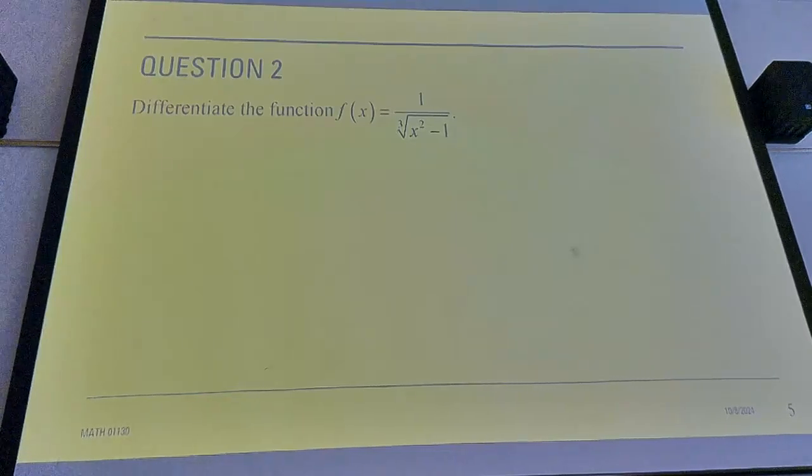That would still require chain rule. First, let's make life easy. Write it as a power. So x squared minus 1 to the negative 1/3.